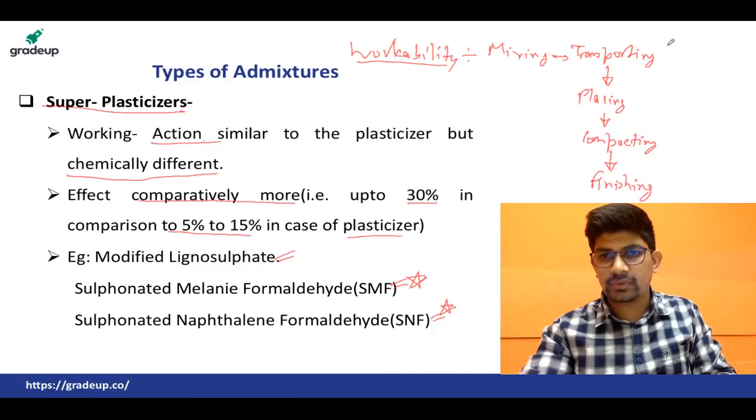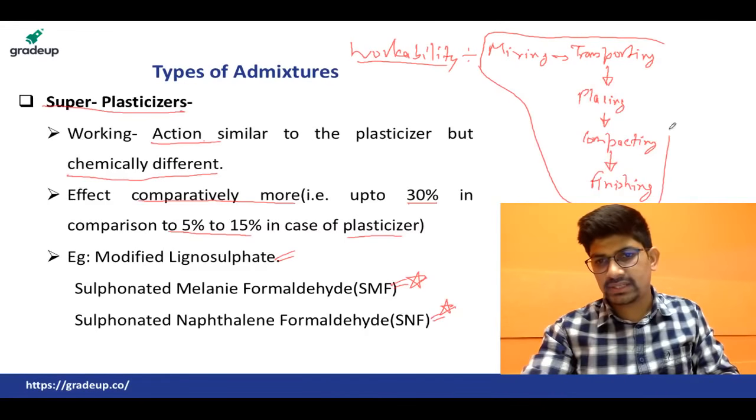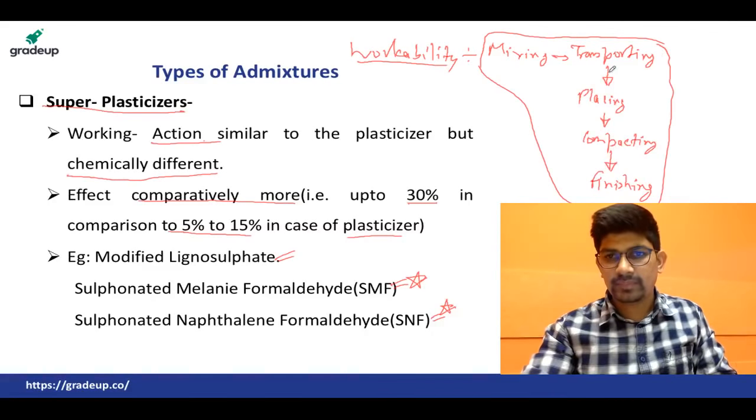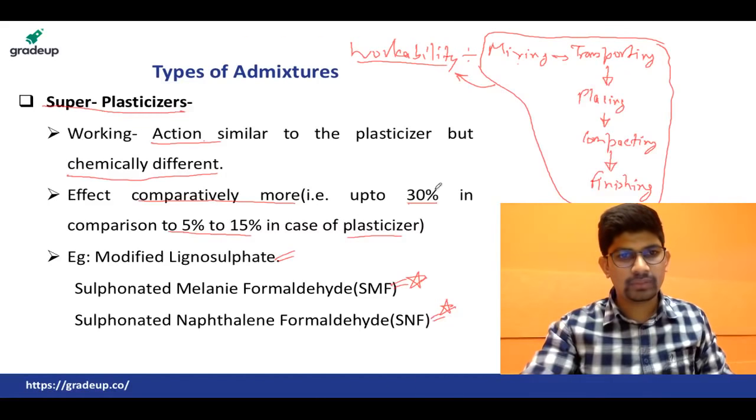Throughout this entire process, the concrete should remain in a plastic nature, so that with equipment you are able to work with it. That is known as workability, the ease with which concrete can be mixed, transported, placed, compacted and finished.